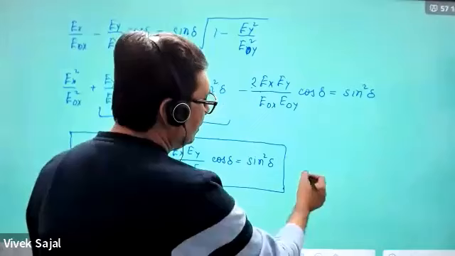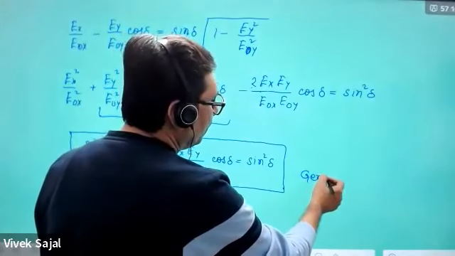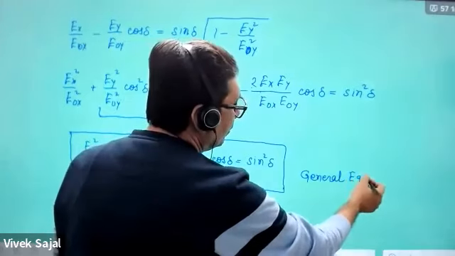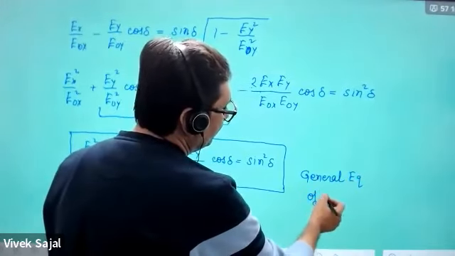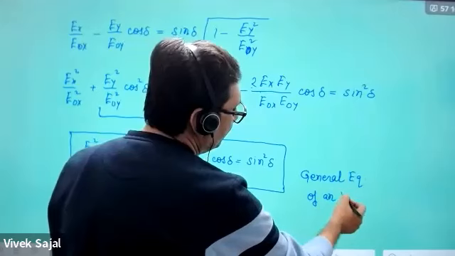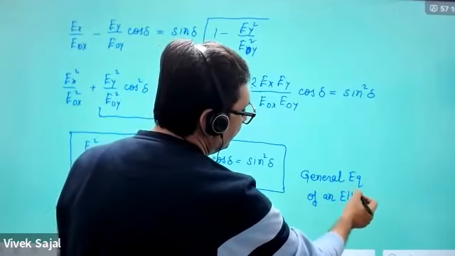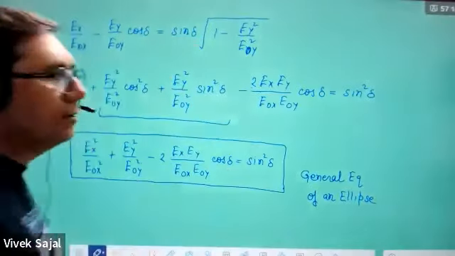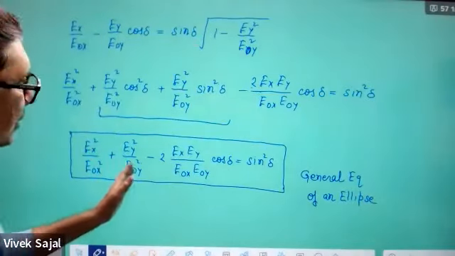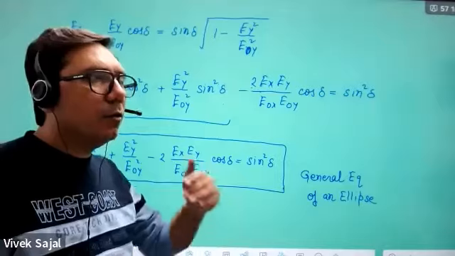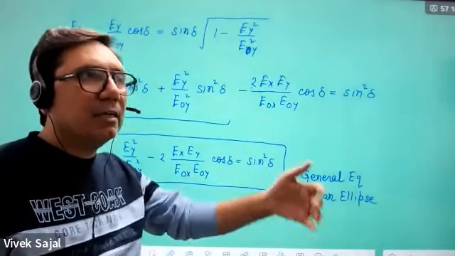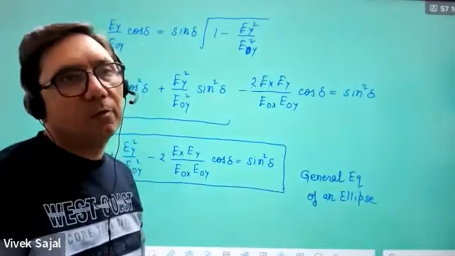So this is a general equation of an ellipse. So the meaning is, in general, on the emergent side, the emerging light will be elliptically polarized light.